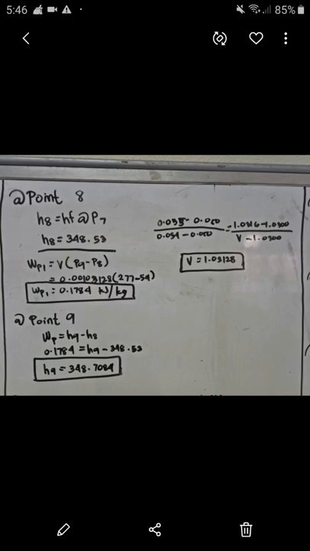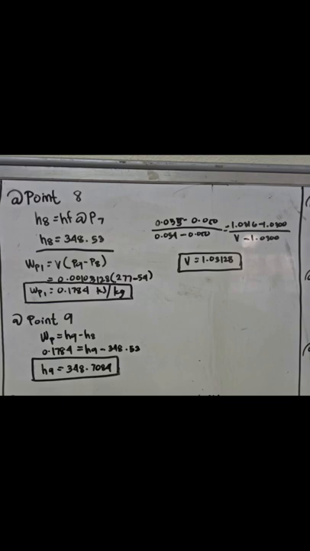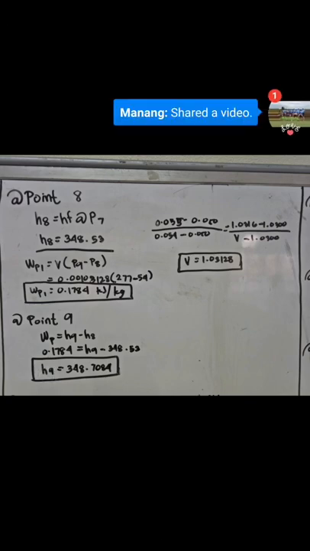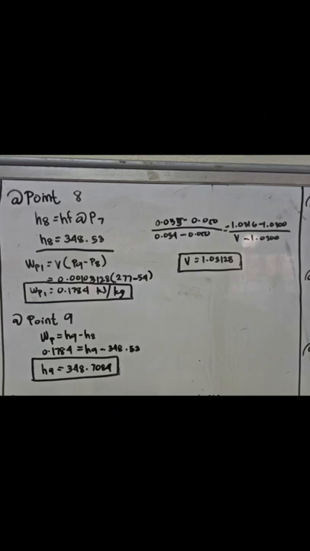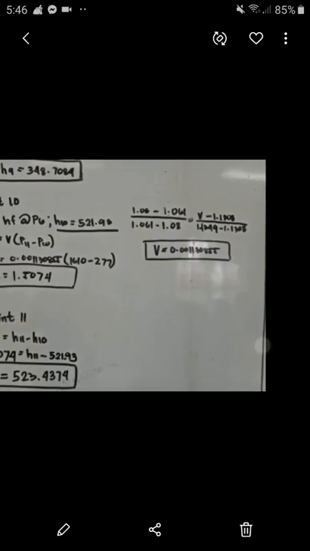So simply substitute this 0.1784 minus H9, then substitute this H8. So we have the answer H9, the enthalpy 9 of 348.7000.84. So let's proceed to point 10.